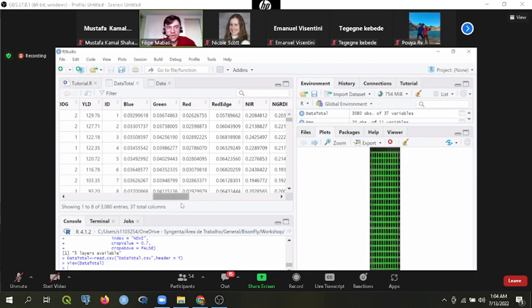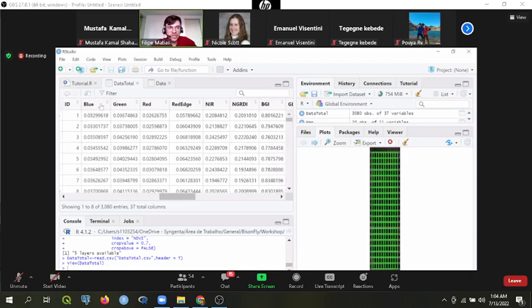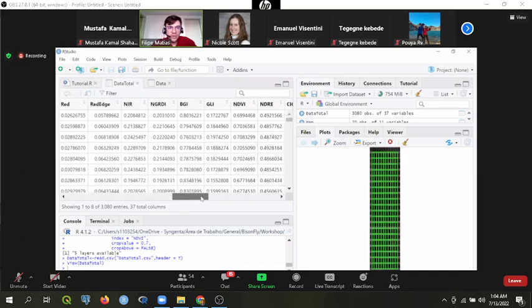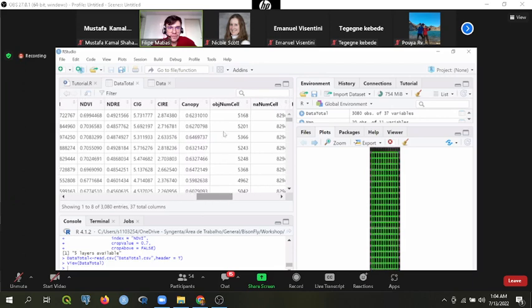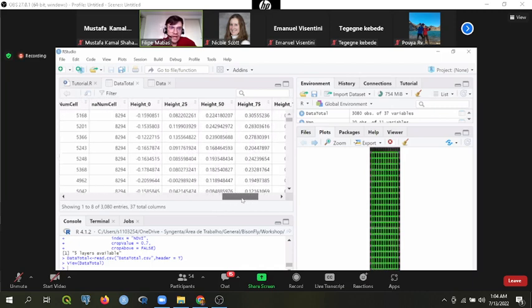So we have here the 5 original bands, and then all the vegetation indices that we extracted. We have the canopy, remember the field area function, and then we have the height.